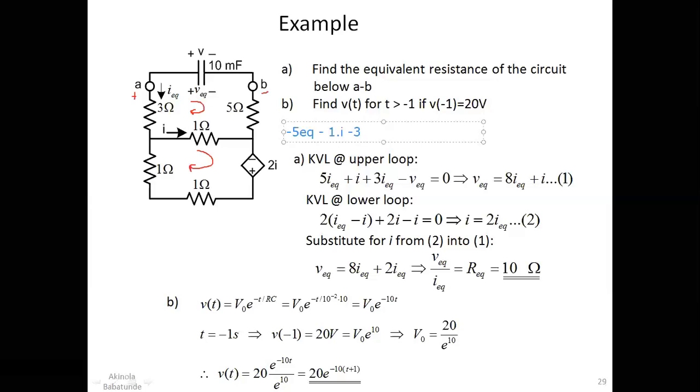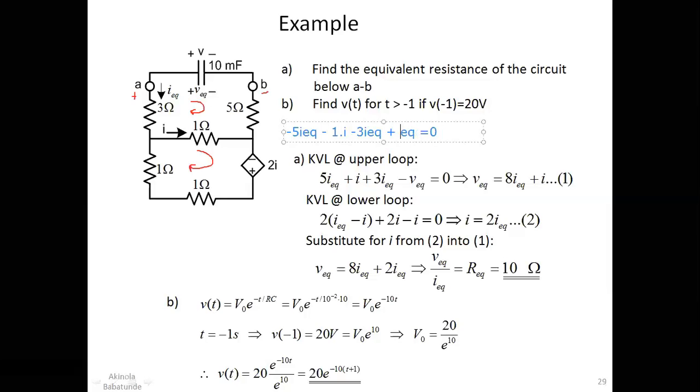All right, so what you're gonna have is -3 I equivalent. Okay, here it's going to be -5 I equivalent, by the way. Okay, so this is what you're going to have here, and then you're going to have plus B equivalent here.